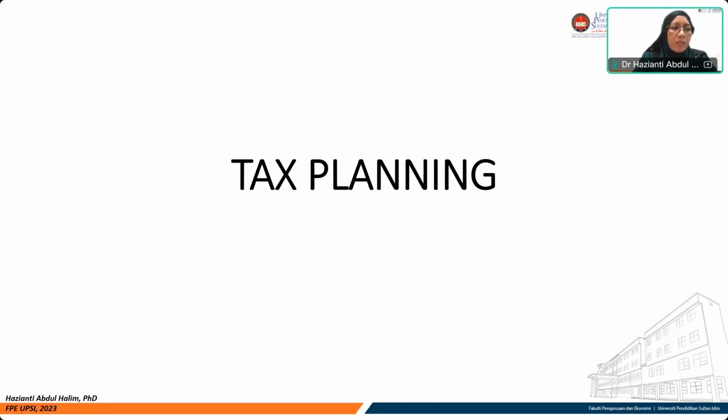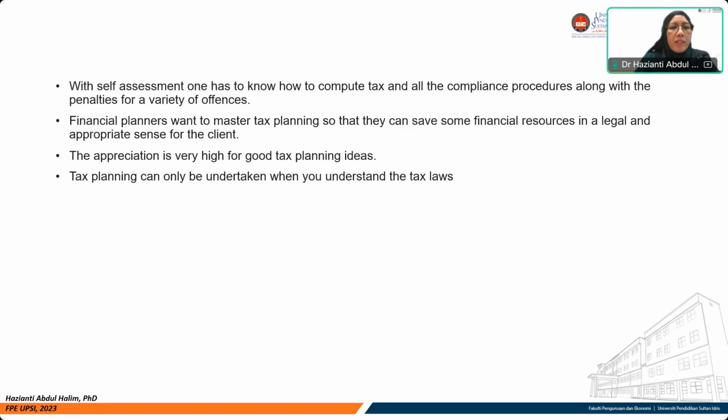We already discussed tax planning in every topic that I covered: tax planning under employment income, under non-business income, under partnership, under estates, trusts and settlements, and under business income. We even have topics on zakat planning, how to plan. When we talk about zakat and tax planning, with this self-assessment, you really need the knowledge to compute the tax and all the compliance procedures as well as the penalties.